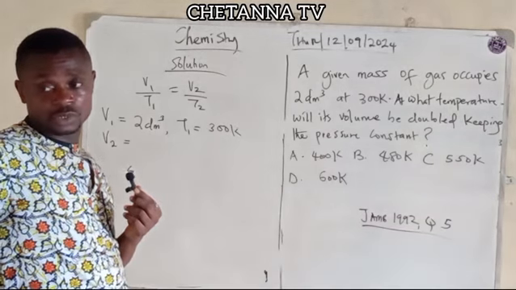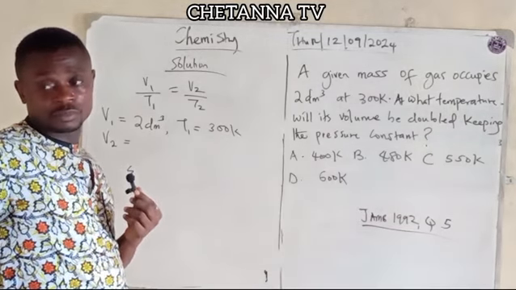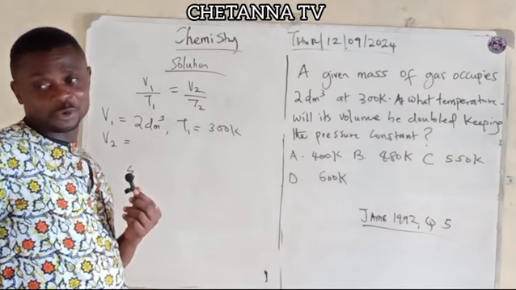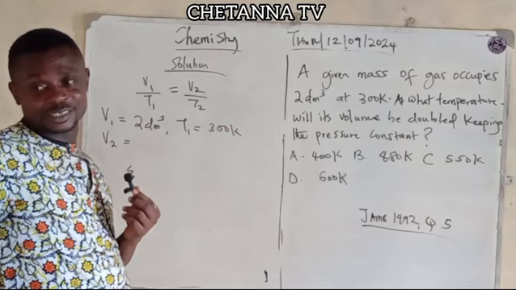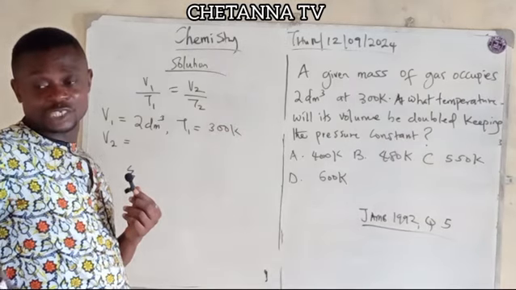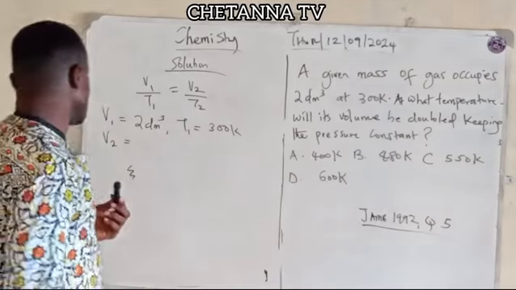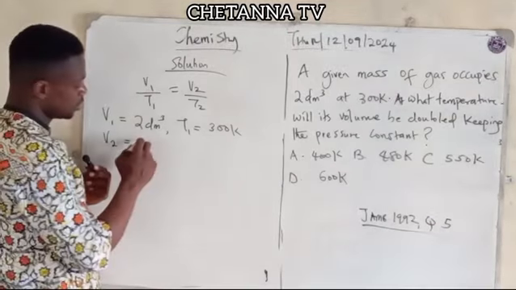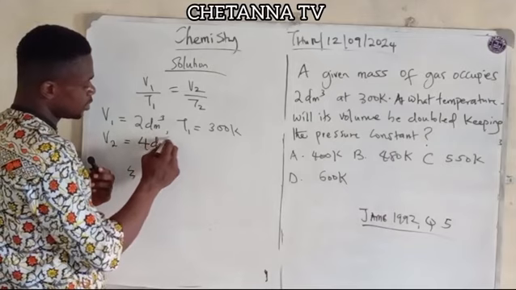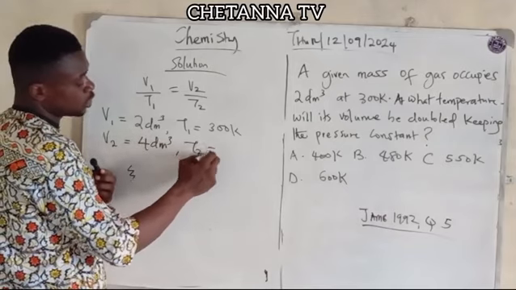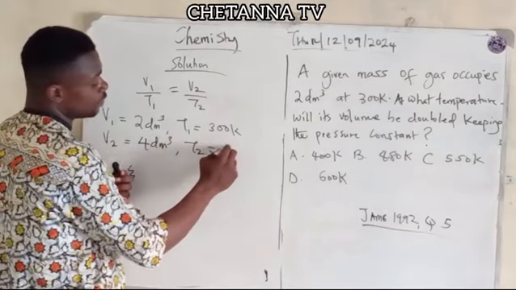So how is it unknown? Double of the initial volume is 4 dm³. So V2 is 4 dm³. Good. T2 is what you're looking for.